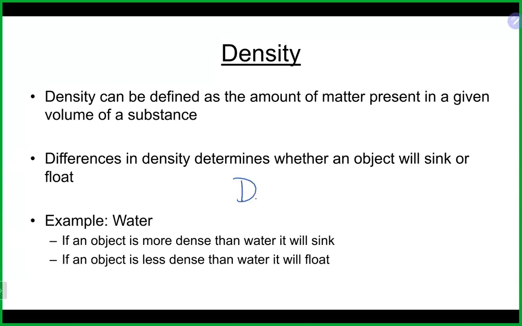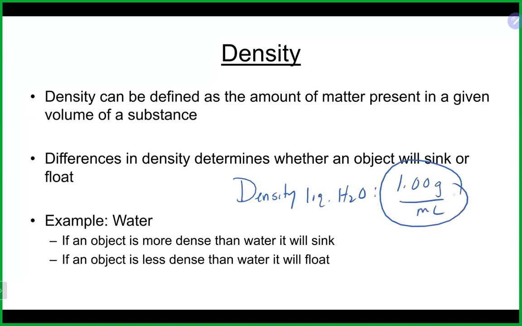Just in general, if you ever need the density of liquid water and it's not given to you, but you feel like you need it in a problem, 1 gram per milliliter is typically the value that you could use. And that's a number you should put in the memory bank as well. It pops up a lot, and again, it's not often given to you in problems. They just assume you're going to go with that number.